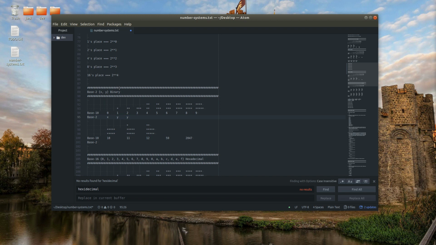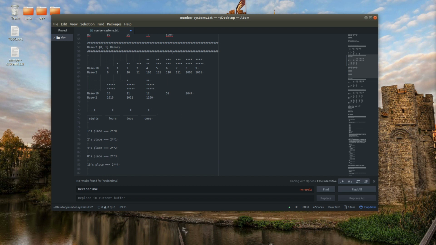We have 1 2 and 0 1s. So 7 is YYY, which is our last digit. If we look up here, 7 is 111. That's our last symbol there.